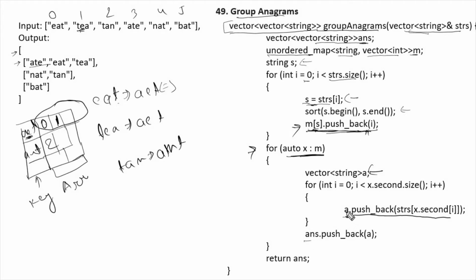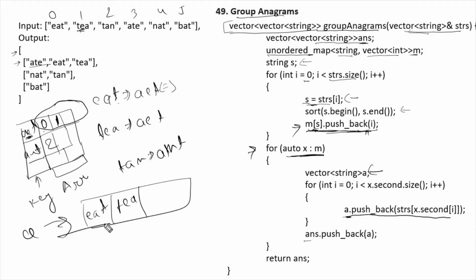First storing in A: at 0 it is EAT, at 1 it was TEA. Same way, this is a temporary vector A, and when all the strings are complete for a particular entry, we push it into the final answer and then return the answer.